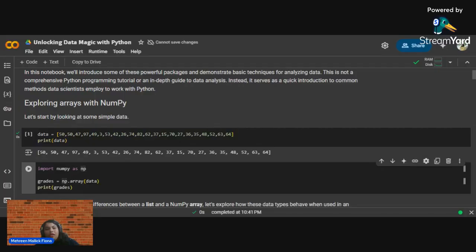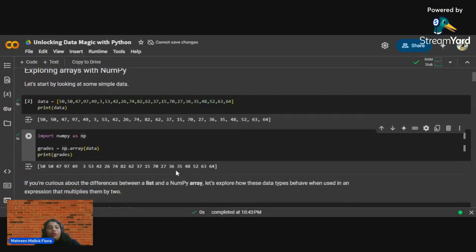Then we have a new variable where I am calling NumPy with the built-in function array and passing the list that we ran previously. It will convert this list into an array.